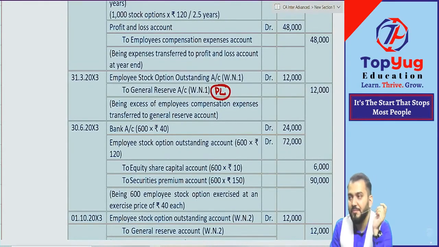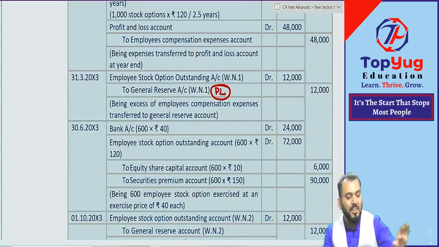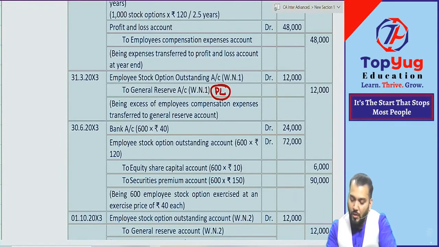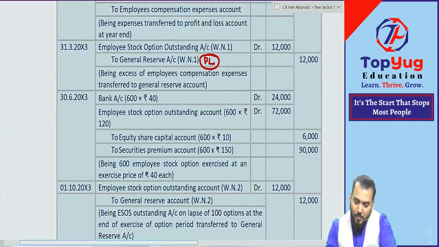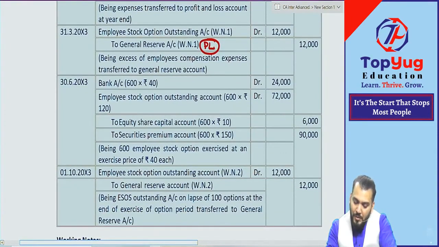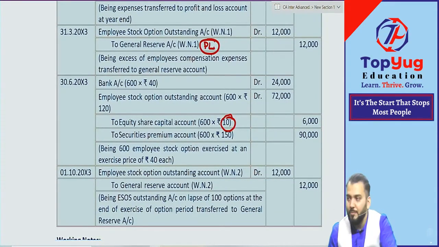So this is a correction from my side. This is 100% wrong. ICAI solution can also be wrong. And they have assumed 10 rupees. We have assumed 100 rupees. Nothing to worry. We write a note that we have assumed nominal value to be rupees 100.